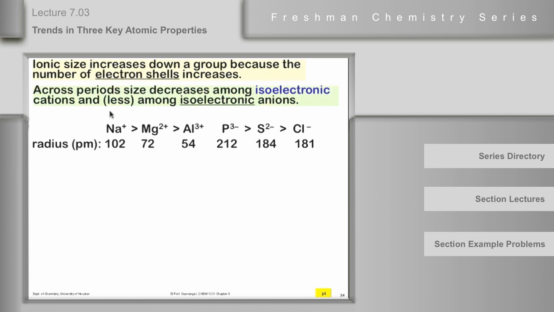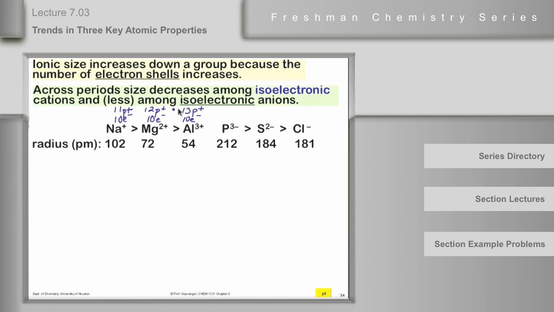And sodium has 11 protons and 10 electrons. And magnesium has 12 protons. Z is equal to 12 for magnesium. And 10 electrons. And aluminum likewise has 13 protons and 10 electrons.